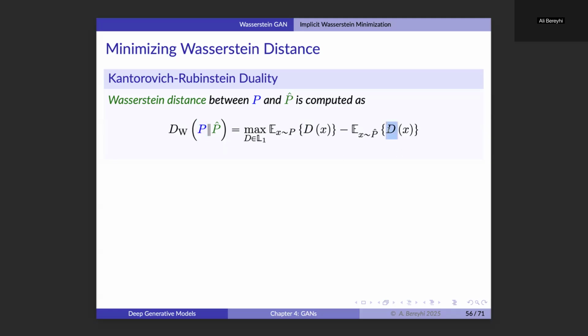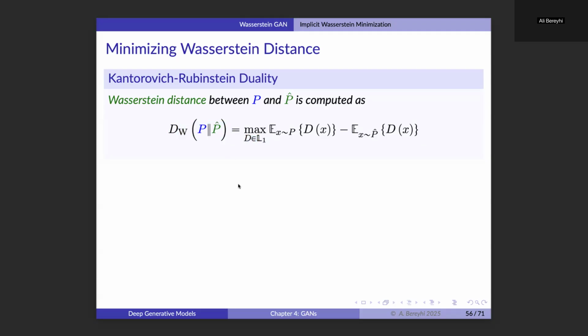I take the same function, this time with the expectation with respect to P hat, which is the model distribution, right? And now I subtract the second from the first. This is going to be some lower bound on the Wasserstein distance. And now I look at every possible 1-Lipschitz D, and I maximize over all of these choices. This is going to give me the Wasserstein distance.